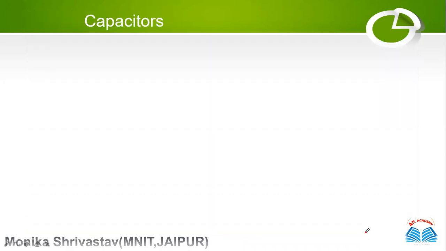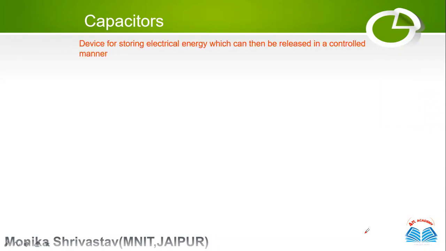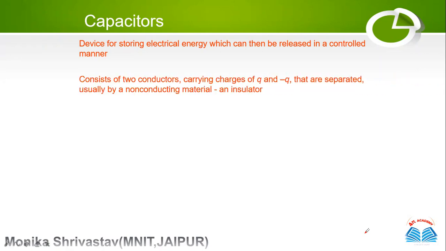Okay, so a short discussion about capacitors. You know what capacitors are. Capacitors are devices that store electrical energy, and in a controlled manner they can release that electrical energy too. Capacitors have two conductors, with charge plus Q and minus Q, usually separated by a non-conducting material or an insulator.